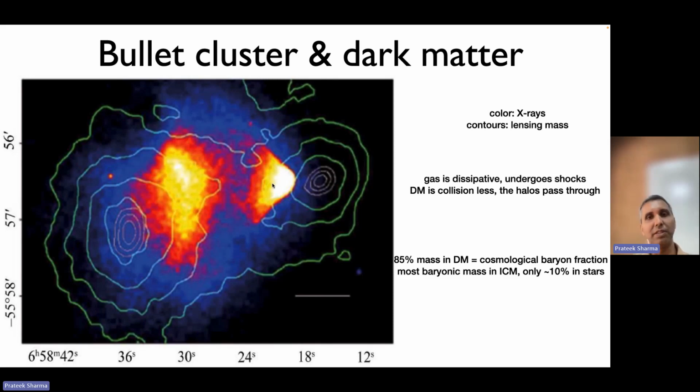That's why this bullet cluster is given as a strong evidence for something like collision-less dark matter. And as I already mentioned, 85% of the mass is in the dark matter, and the rest is in this intracluster medium. Only 10% of the baryons are in stars.